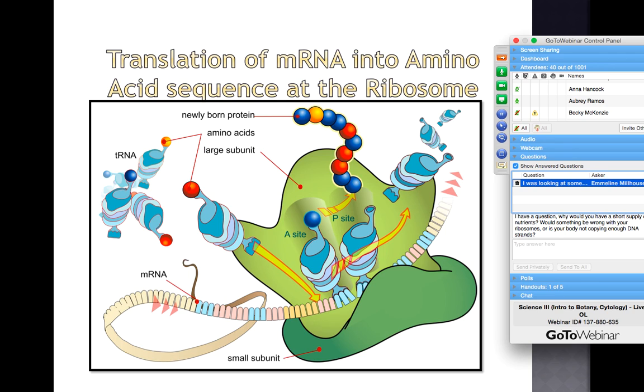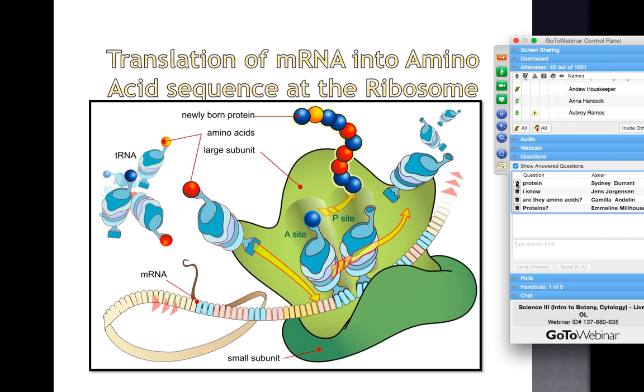Does that make sense? What are these little red and blue and yellow balls on the top of the transfer RNA? What do they represent? Remember that we are now at the molecular level, and this is all inside the cell. Jen says, I know.